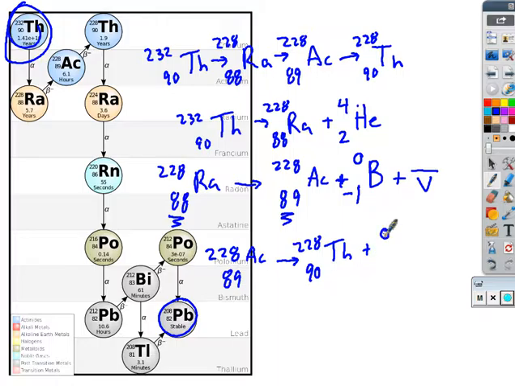However, I need a -1 in order to conserve charge. So this needs to be beta negative decay as well. And so I need to include that antineutrino. And we could go all the way down that decay series. So we can use physics principles 7 and 8 to determine what type of decay has occurred and what type of particles have been emitted in that decay event.